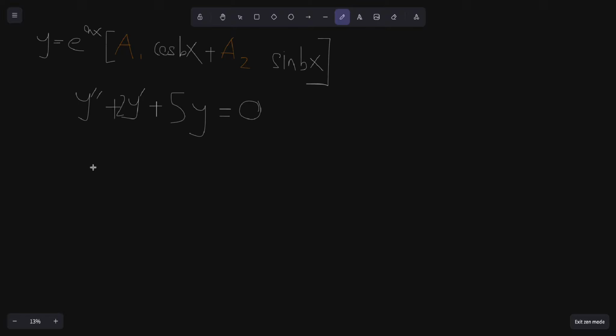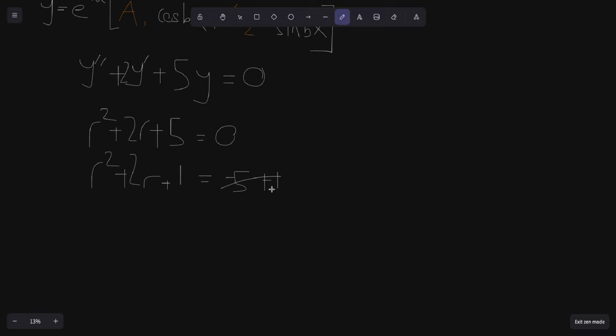And so if we were to solve this, remember this is r squared plus 2r plus 5 is equal to 0. Let's actually complete the square, because we have an even number here. So we have r squared plus 2r. I can move the 5 to the other side, and I can add 1 to both sides.